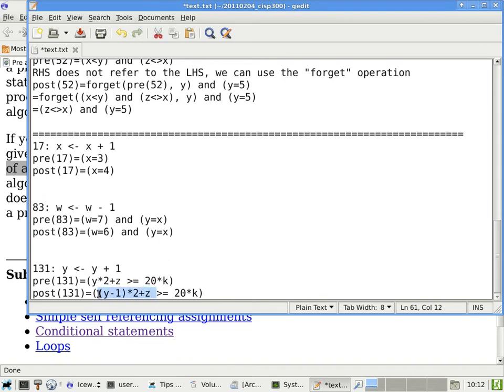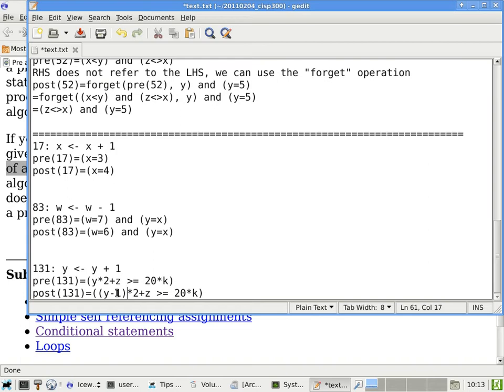So when you remove the equal to, it is true, but it's not very precise. It does not describe the exact relationship. But when you do something like this, it is exact. We preserve basically every single thing that we knew about y from before, and it is just now tweaked to accommodate the changes that we have made to y on line 131.